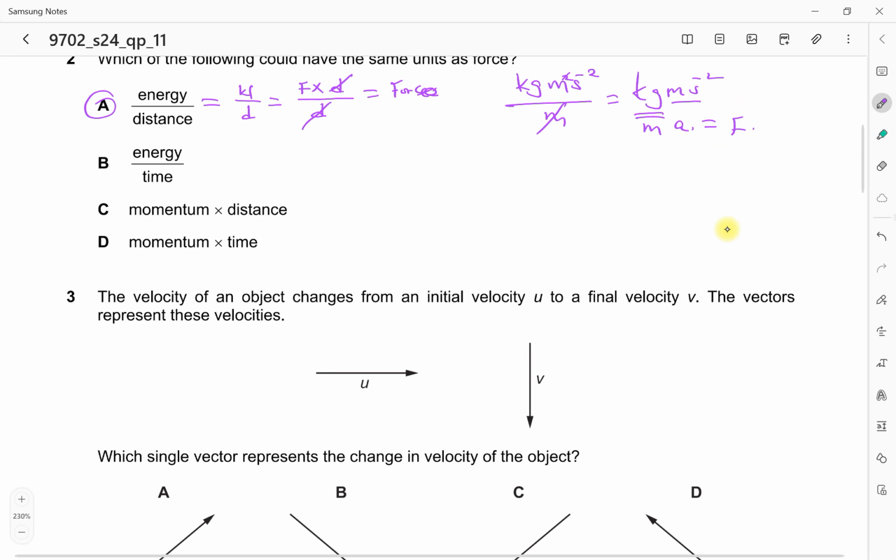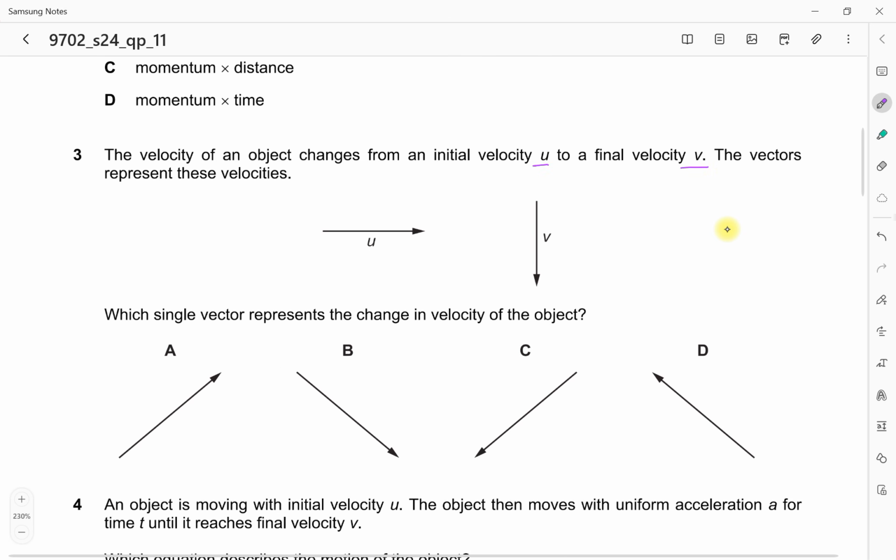The velocity of an object changes from an initial velocity u to the final velocity v. The vectors represent the velocities. So these are the vectors. Which single vector represents the change in the velocity?